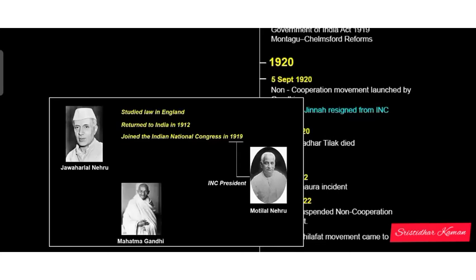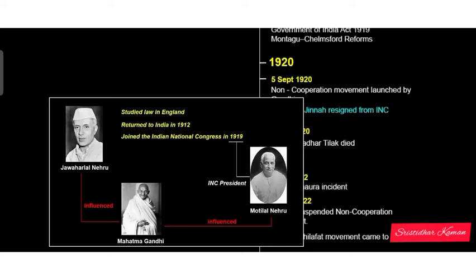Even his father was influenced by Gandhi's lifestyle. Motilal Nehru, in spite of being rich, became one of the first to transform his life to exclude Western clothes and material goods, adopting a more native Indian lifestyle. Anyhow, his son Jawaharlal Nehru joined the Congress in 1919 after the Jallianwala Bagh massacre.